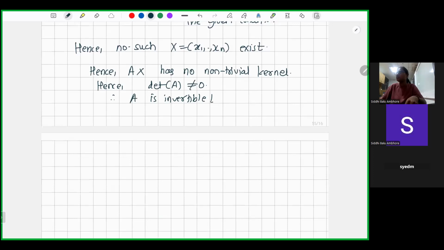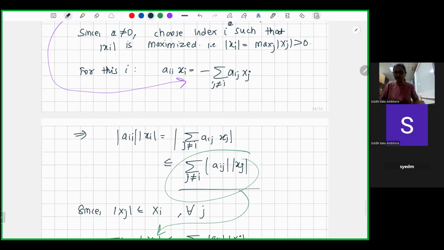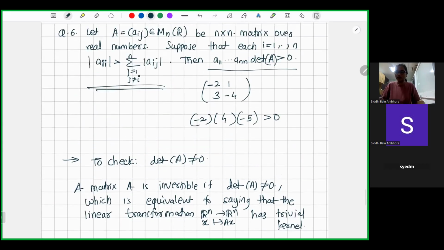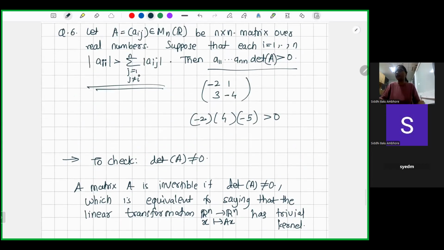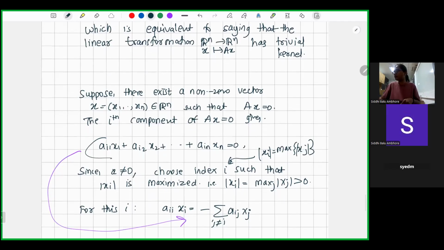And now we have to check for the sign, like how the sign of these a_1 to a_n and so on will change the determinant of A. It will take some time, but it's not that trivial.